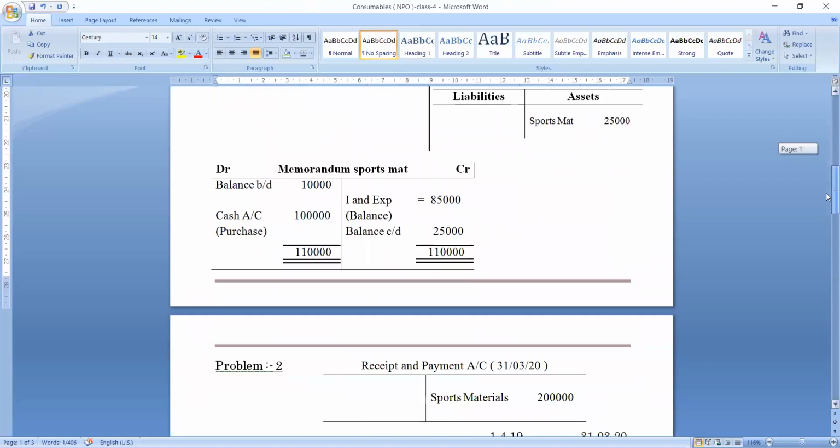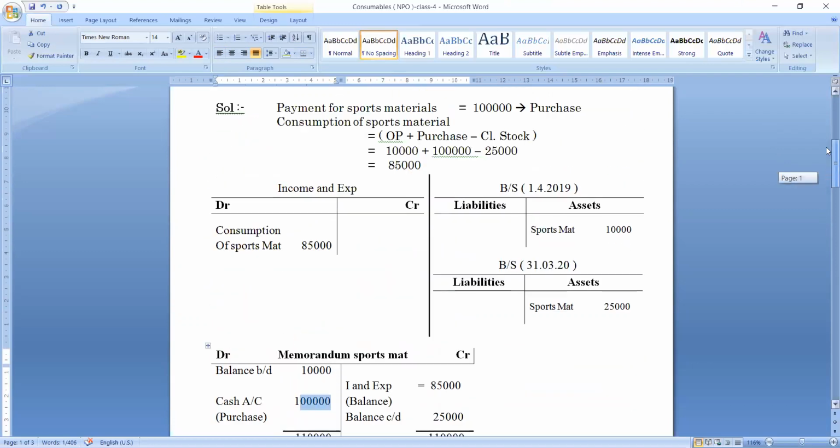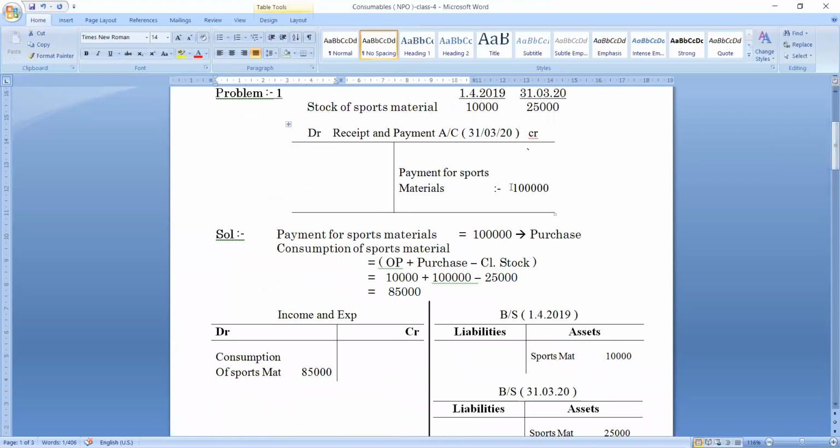Side by side, you see the memorandum sports material account, with debit side and credit side. The balance b/d is your opening balance, and the balance c/d is your closing balance. This is your cash purchase within that accounting year. Sir, where does that amount come from? This is your cash purchase.